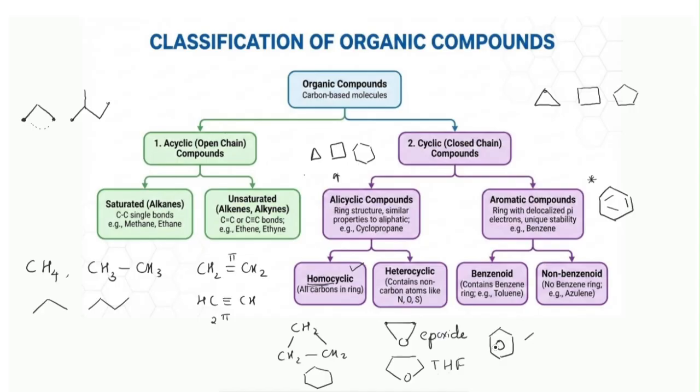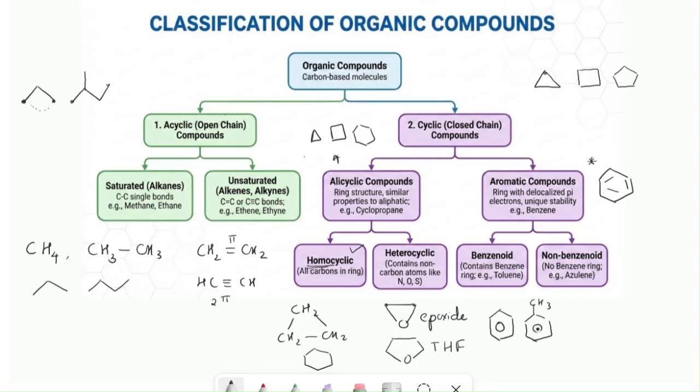Benzene, you can even write it as a ring. You will learn very soon why we write it as a ring. You can either write it as alternating double and single bonds or as a ring. So anyway, benzene, toluene, and then you can even have other atoms also like this. Here nitrogen is not part of the ring, it's outside, so still it is a benzene molecule. This is called aniline.